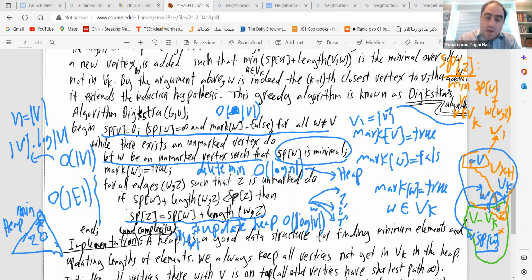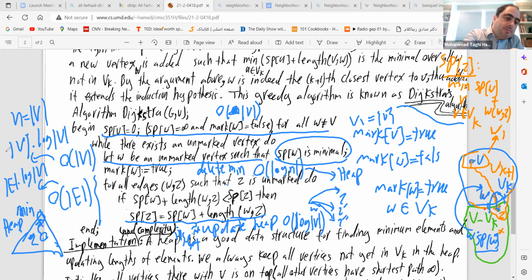So this is the delete min, which was order log n, or log of the size of V, and the update, which is insert, which is order log V. The size of this heap would be at most V. Then what would be the running time? The running time of this becomes E times log V.